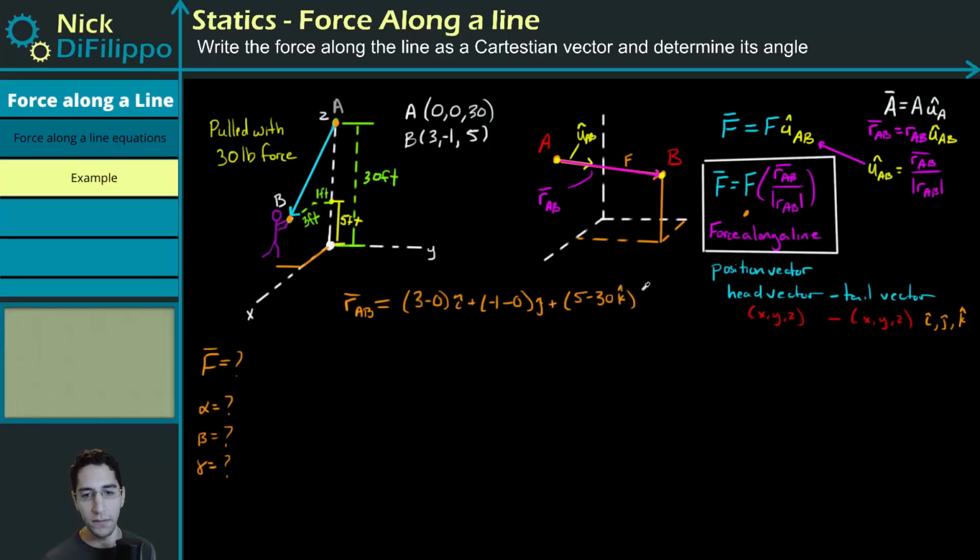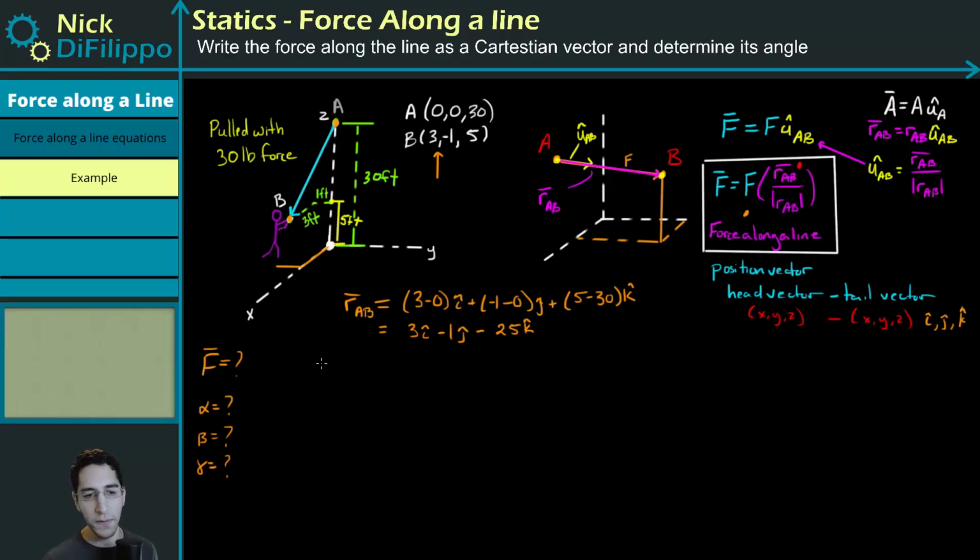I get these values from these dimensions right here. So this is going to be equal to 3i minus 1j plus minus 25k. So that's my position vector. And that's this part of the equation.